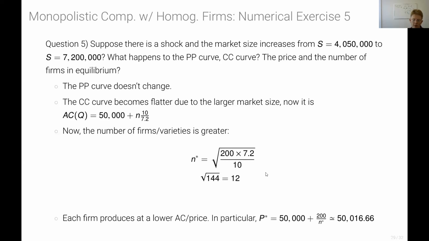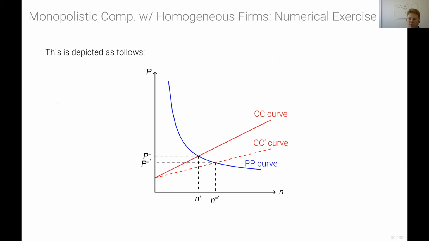Our new price is equal to 50,000 and 16.6. And so that's depicted as follows. The CC curve, as I said, is going to become flatter, so it's going to intersect the PP curve at a lower point, leading to a larger number of firms in equilibrium and a lower price.